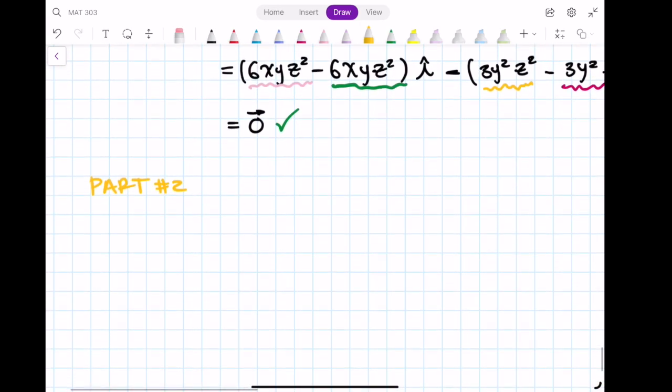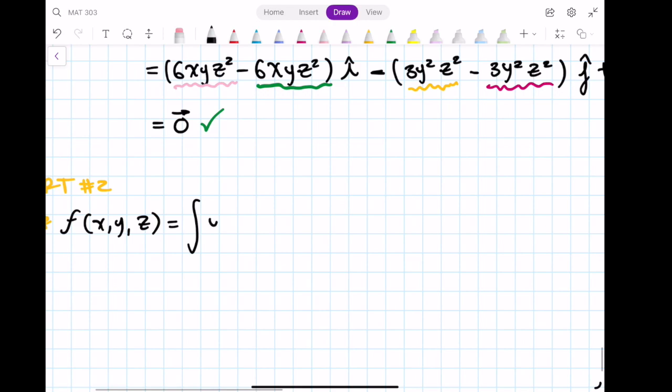So as we did before in the last problem, the potential function is just going to be the integral of our M, N, and P. So y squared c cubed dx.